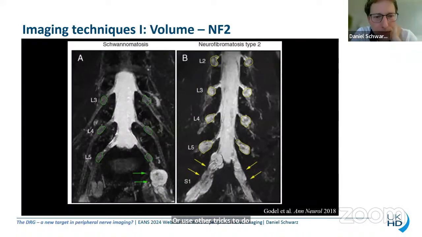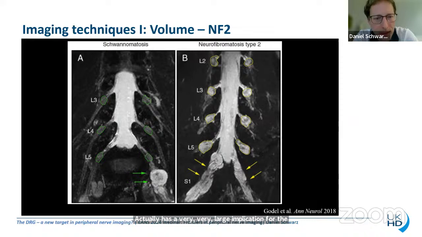Maybe the most striking finding of the last couple of years, I would say, was the finding that neurofibromatosis type 2 actually has a very, very large implication for the dorsal root ganglion.